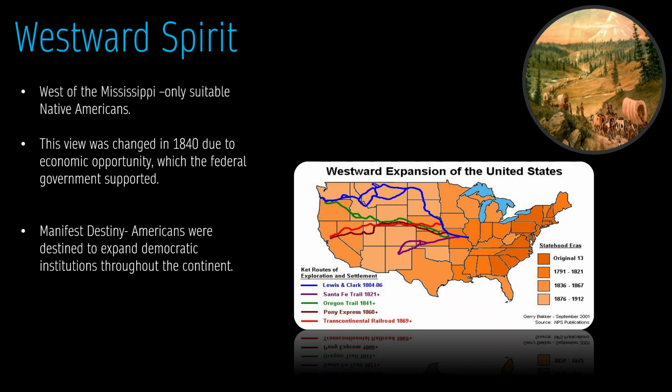So in order to achieve all of that, the federal government is going to start to offer incentives, just like you saw on the other slide. Go west, young man. That was a very famous advertisement. So at this time, the federal government's going to offer different incentives for people to migrate to the West. They're going to offer land grants. They're going to offer policies on acquiring property easier.